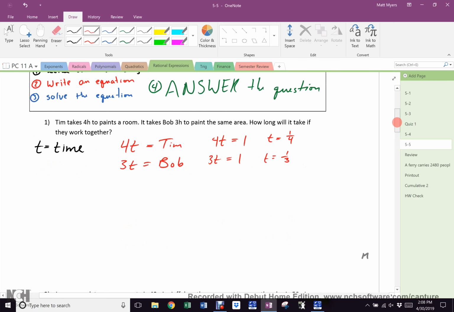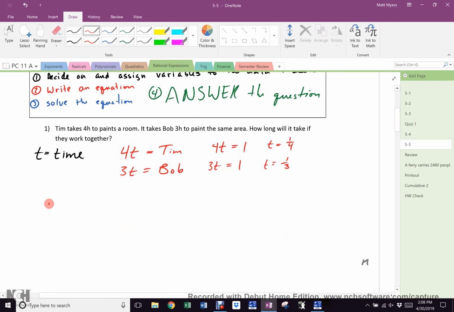Now, if Tim plus Bob are going to paint how many rooms? 1. And Tim's time is T over 4, because Tim does the job in a quarter. Plus, what's Bob's time? T over 3. How many rooms will be painted? 1. Can you solve that?